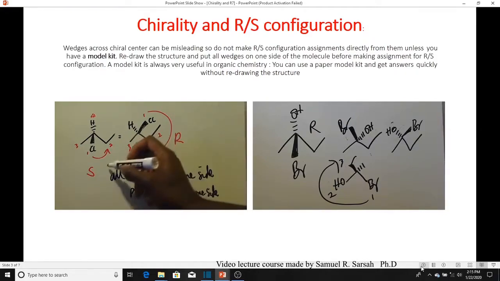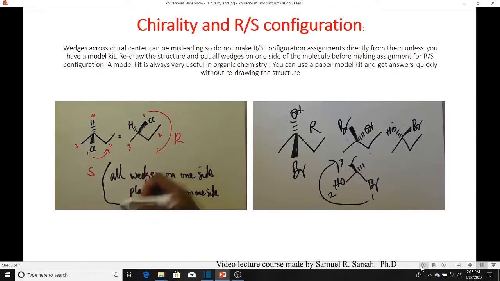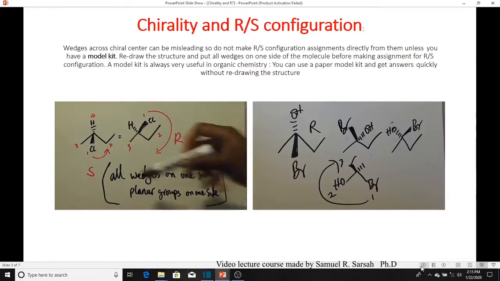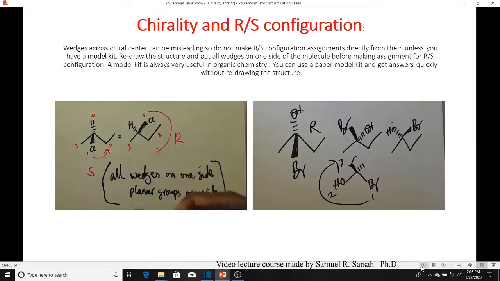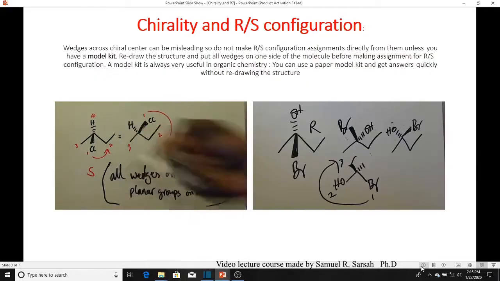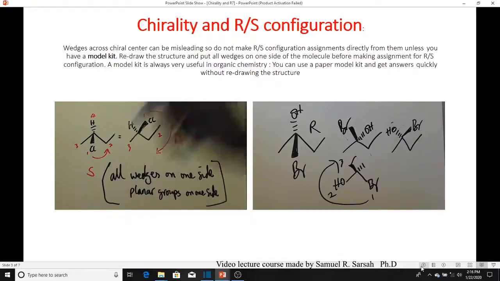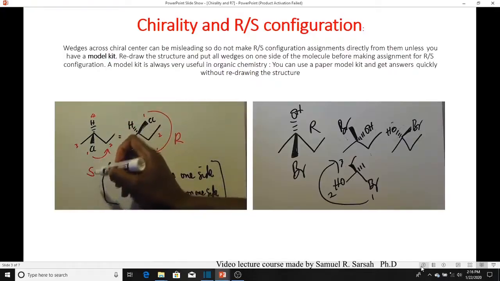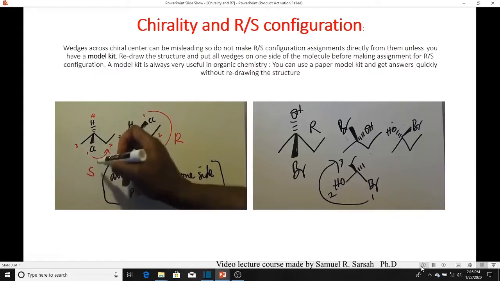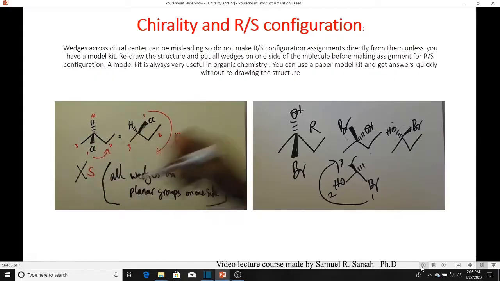Okay, so this is very important. This will make it easy for you to determine the R and S configuration for chiral centers. So this is very tricky. If you just use this, you get the wrong answer. This is the correct answer.